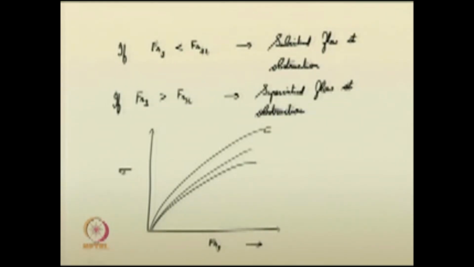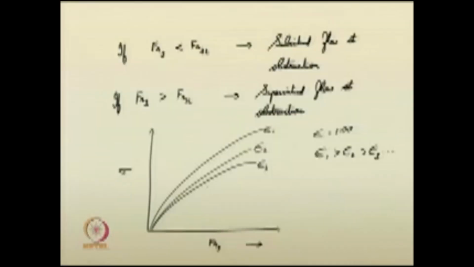This is for different values of epsilon: epsilon 1 greater than epsilon 2 greater than epsilon 3, like that you can go for various cases. Like that you can plot, and these charts can be used for design purposes further. So, that way one can design obstructions and all.